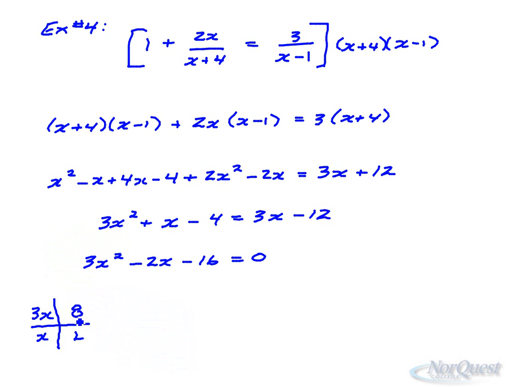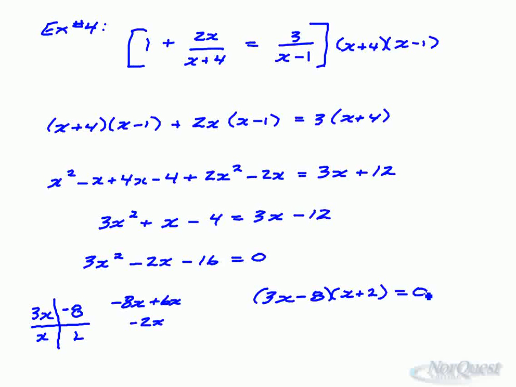So I'll get negative 8x plus 6x, negative 2x. Matches the middle term. So my factored form will be 3x minus 8 times x plus 2 equals 0.